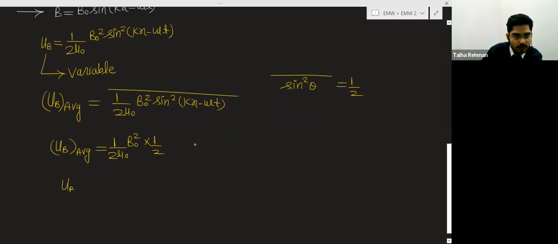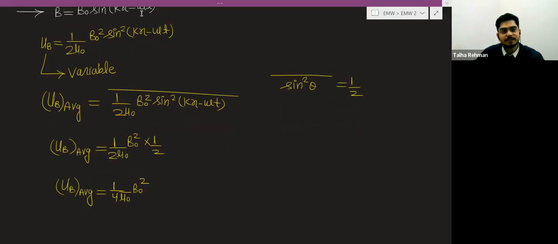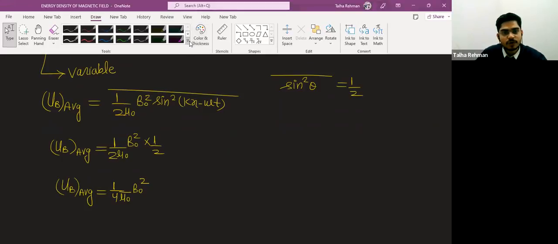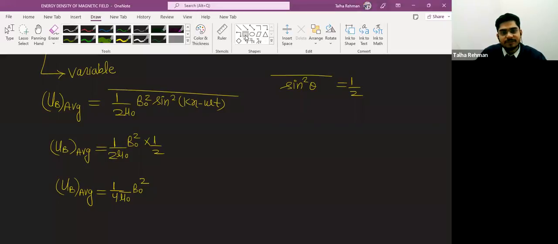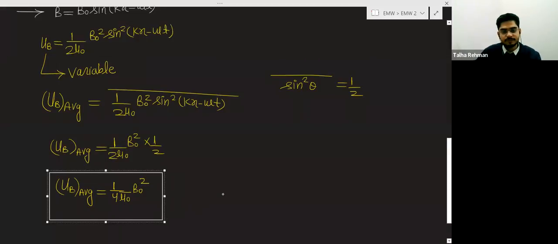So you will get u B average is equal to B naught square divided by 4 mu naught. So this is the average value of energy density for the magnetic field in the electromagnetic wave.